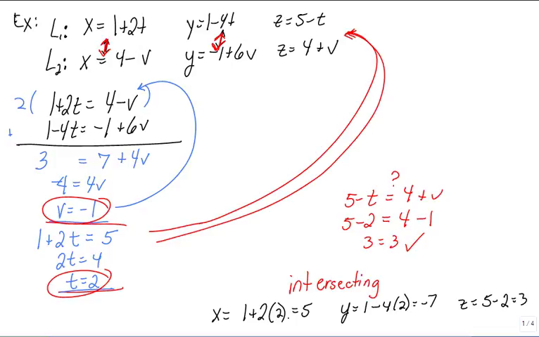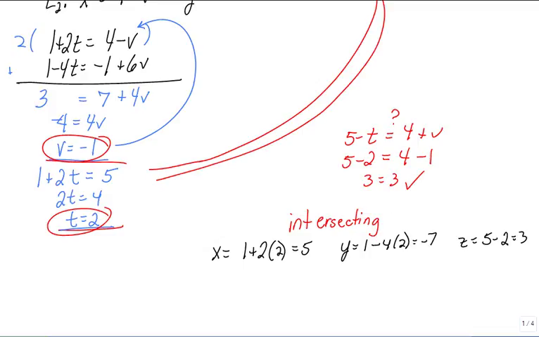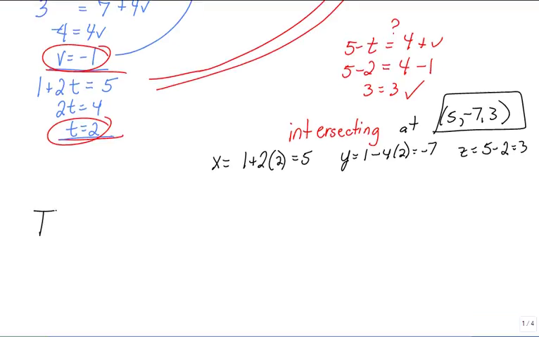So the point where they intersect is 5, negative 7, 3. Or you can take v and substitute it back in. It doesn't matter which one you do, because it has to satisfy all three equations.